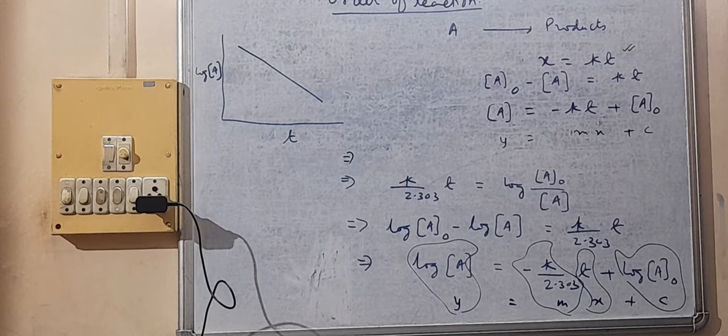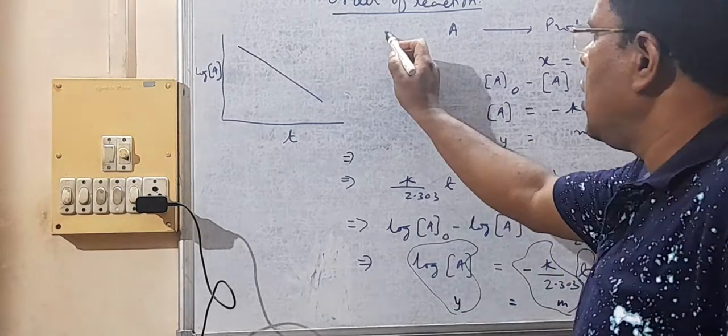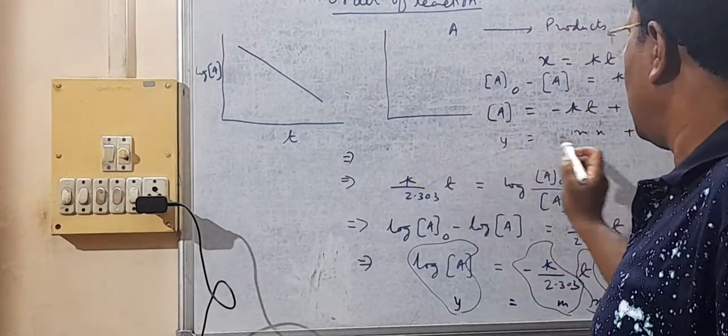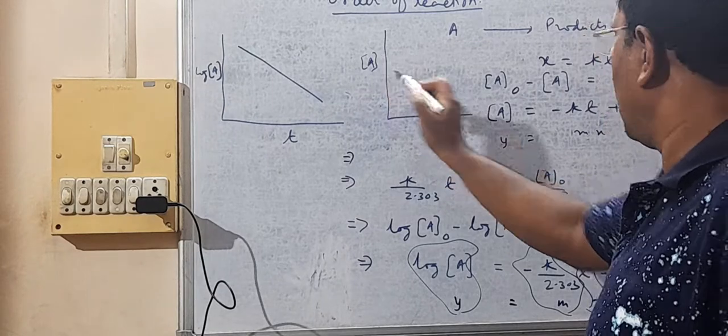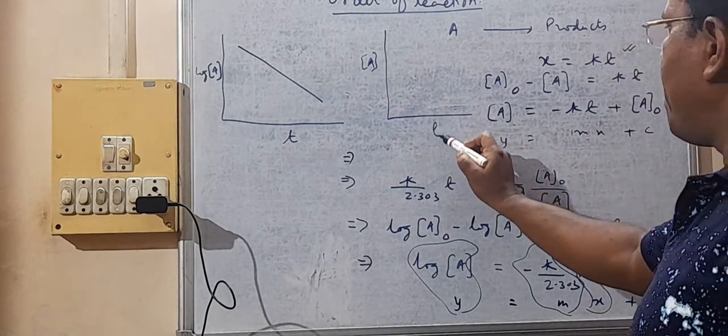To know whether a reaction is zero order or not, we can plot concentration of A versus time.